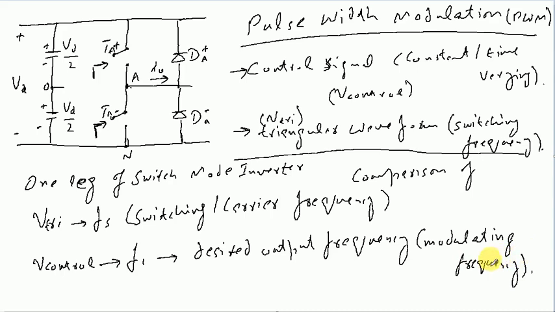Now in this particular case, it is only our desire to have a pure sinusoid at the output. What do we mean by a pure sinusoid? By a pure sinusoid, it is meant that the output signal will contain only the fundamental component, that is, whatever the frequency this control signal is having is what is available at the output. But this is not always the case.